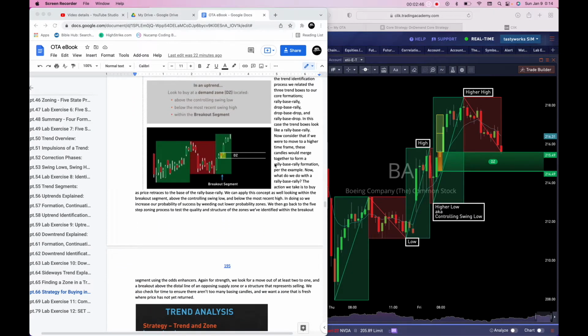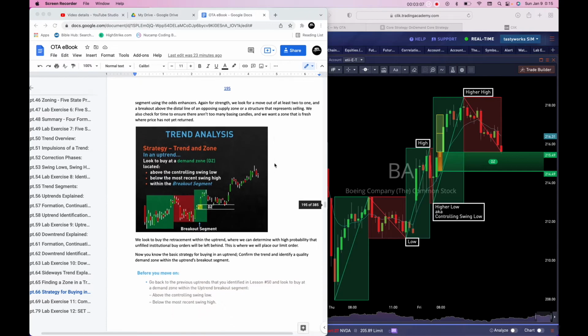In doing so, we increase our probability of success by weeding out lower probability zones. We then go back to the 5-step zoning process to test the quality and structure of the zones we've identified within the breakout segment, and we do that using the odds enhancers.